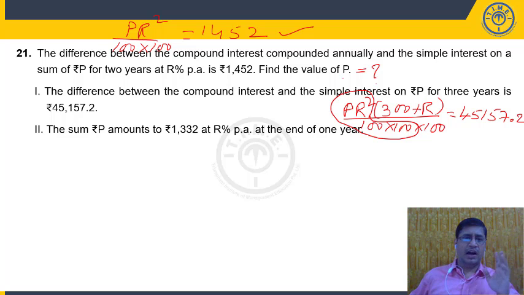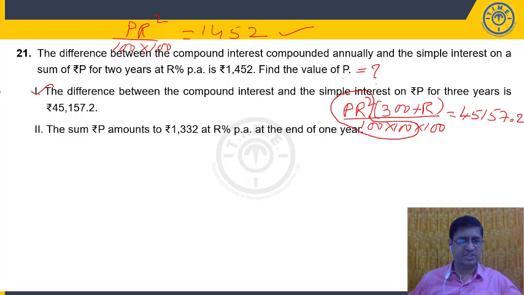Substitute R in equation 1, you will get the P value. Means statement 1 alone is sufficient to answer. You need not find out the R, you need not find out the P. Is it possible or not? You need to just check. Yes, it is possible. So 1 alone is sufficient to answer. It is possible to answer with statement 1.